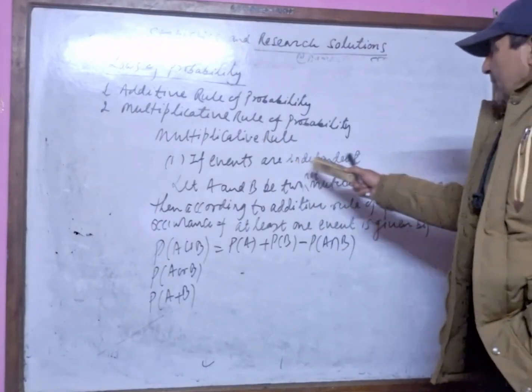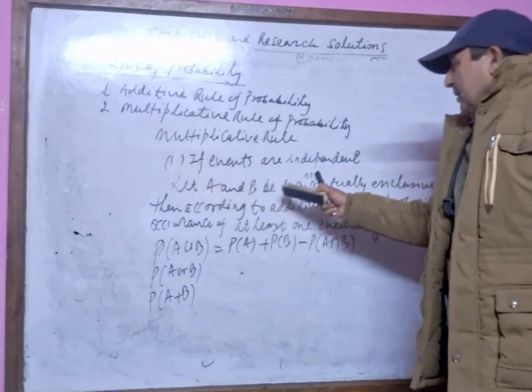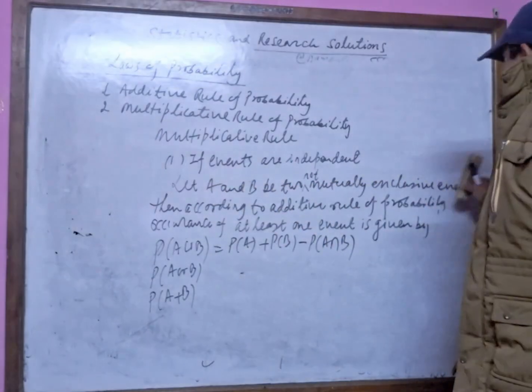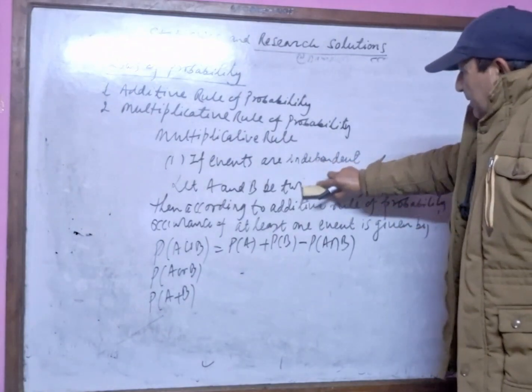Multiplicative rule, first condition: if events are independent. Let A and B be two independent events.